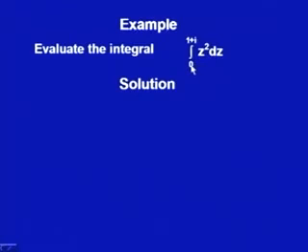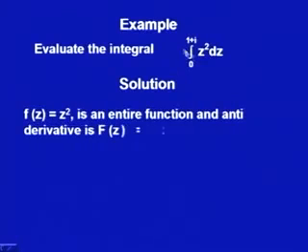So whatever domain I am taking where 0 and 1 plus i are lying, this f of z would always be analytic. The antiderivative of z square we know is z cube by 3, which you have done in the lectures on derivatives. If I take the derivative of z cube by 3, it would actually be z square.